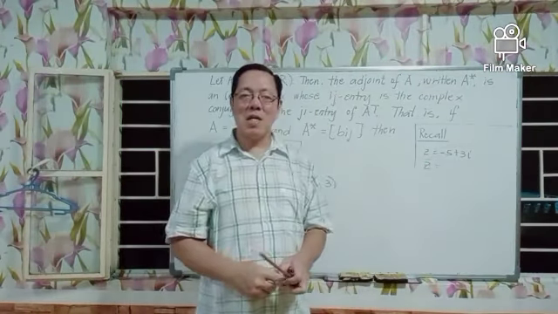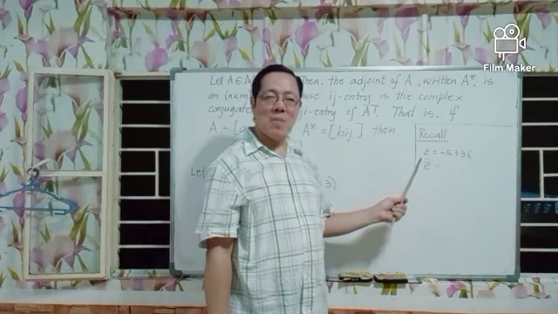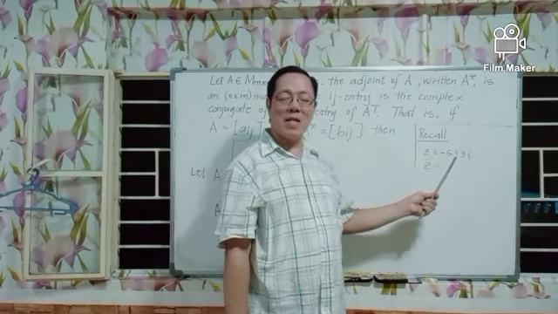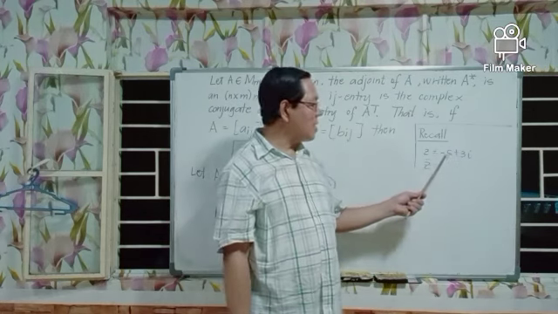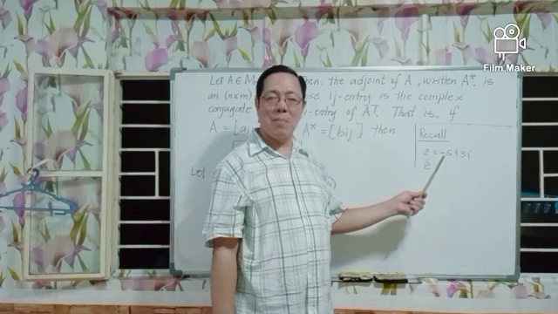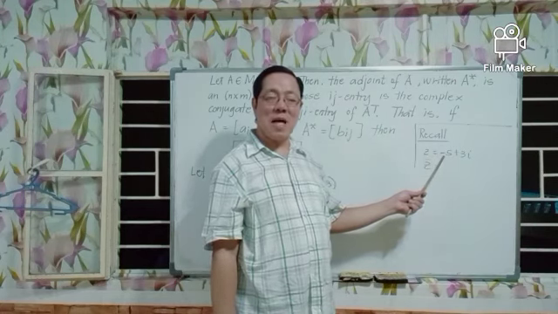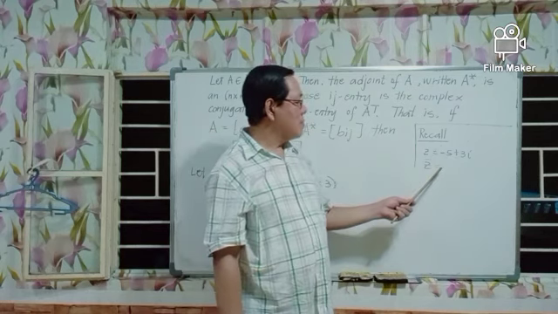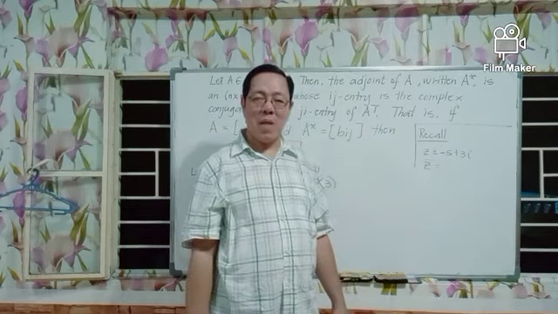And the conjugate of the complex number is obtained by simply taking the opposite sign of the imaginary part. We do not do anything with the sign of the real part. Regardless of whether it's positive or negative, the sign of the real part will be the same in the conjugate of the complex number.